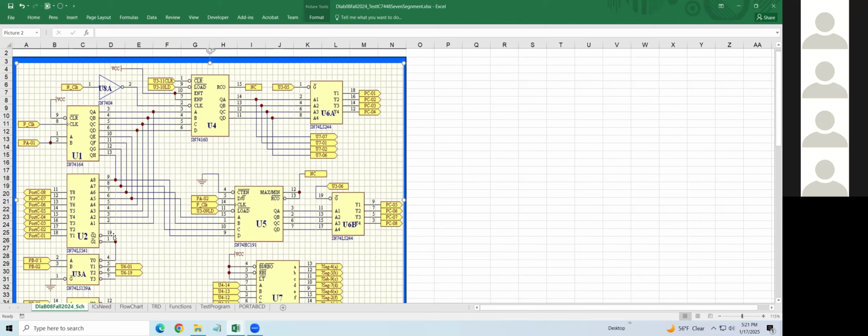If they're not 0, the input and output cannot connect. So that's why in the program I say U2 enable. Then you must understand that you must make U2 pin 1 and pin 19 be 0.